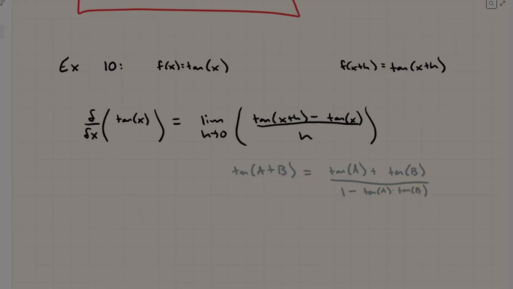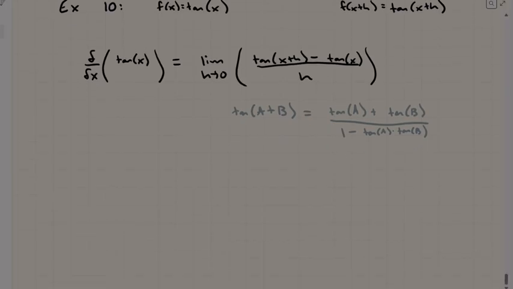All right, so this is not the best, but it's what we got to work with. So let's see what happens. We got limit h approaches 0. Now this tangent of x plus h, right, we're going to substitute that in using a equals x, b equals h. We're going to need a little more space, I think.